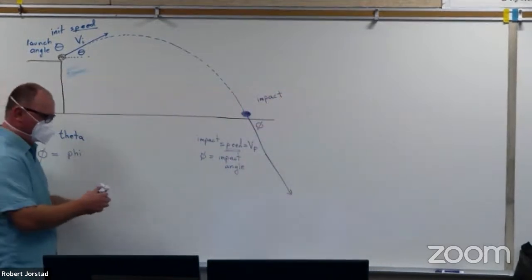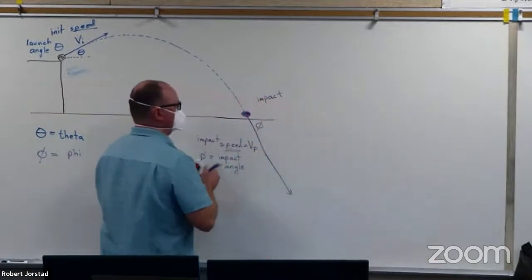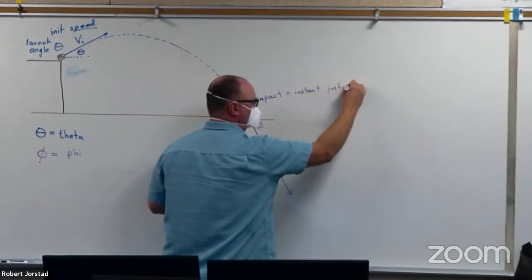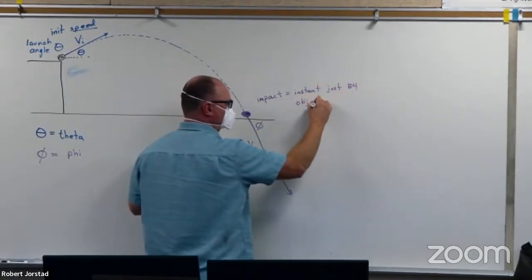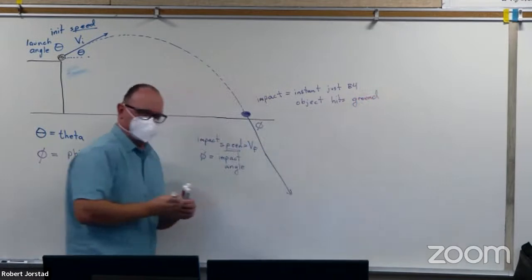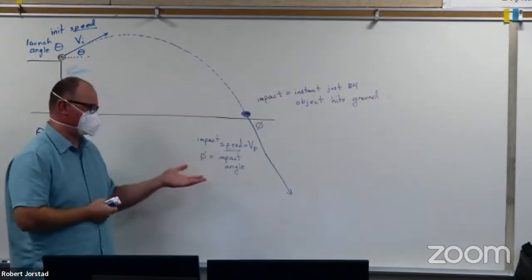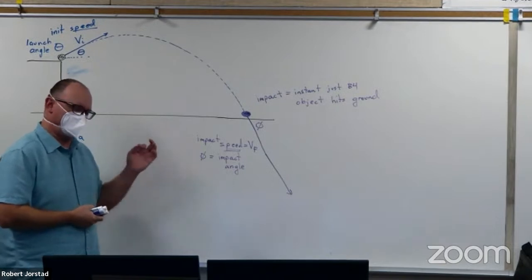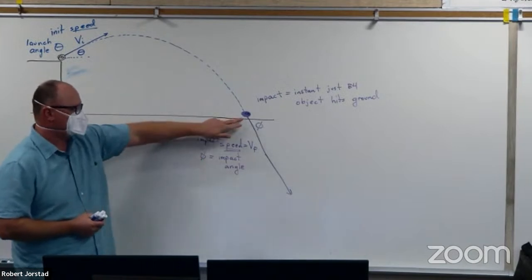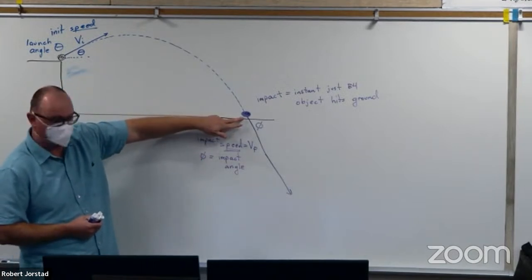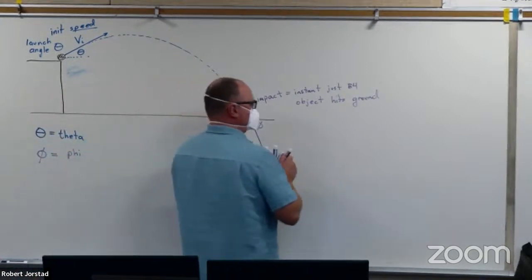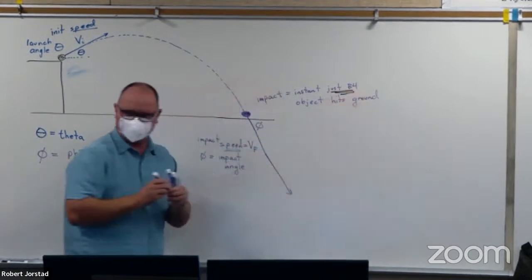For a projectile problem, we assume impact is actually instant, just before the object hits the ground. So one of the things you might be saying, like, isn't the impact velocity 0 because after it impacts, it stops? You're right in that it stops, but for a physicist doing projectile problems, for us, impact speed, notice how I didn't even draw it touching the ground. It's like 1 nanometer above the ground, just before it hits the ground. So emphasizing that just before. When I talk about impact, we're talking about just before. Everybody good with that?